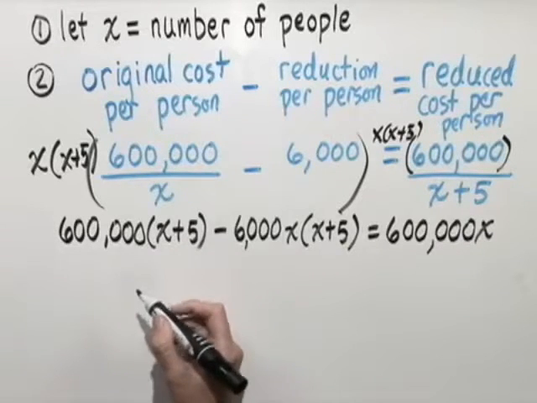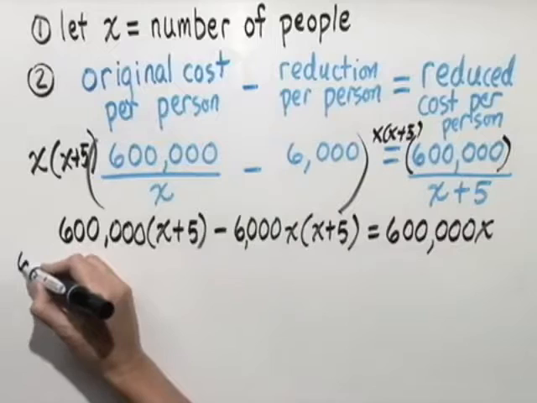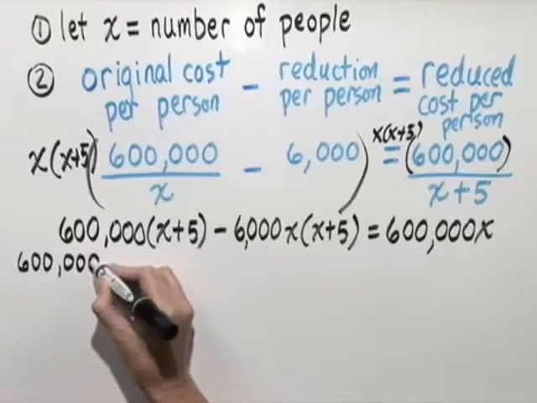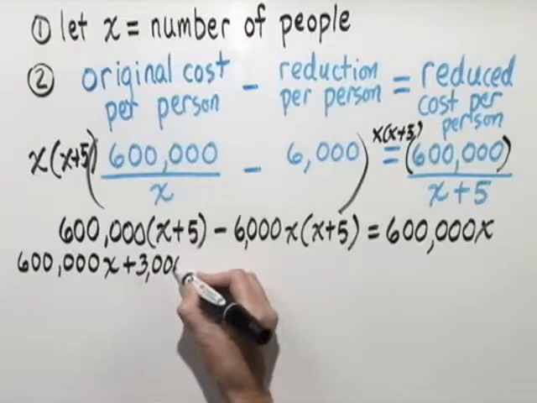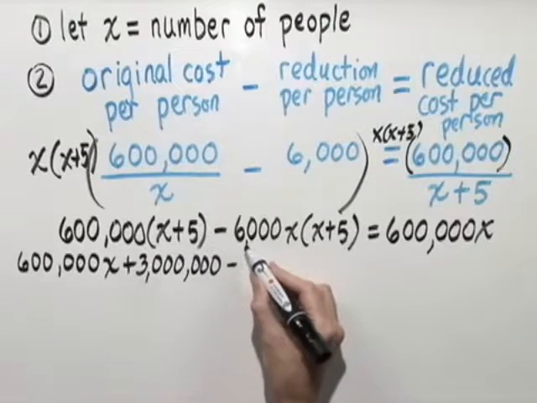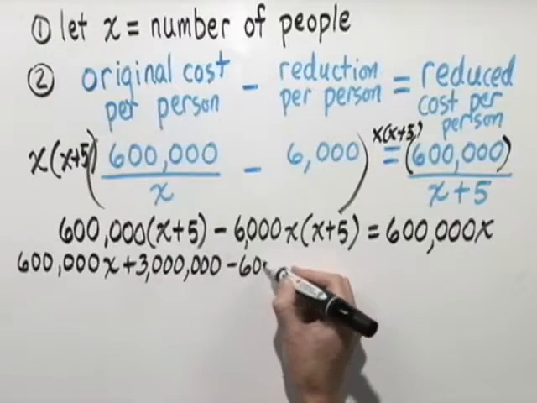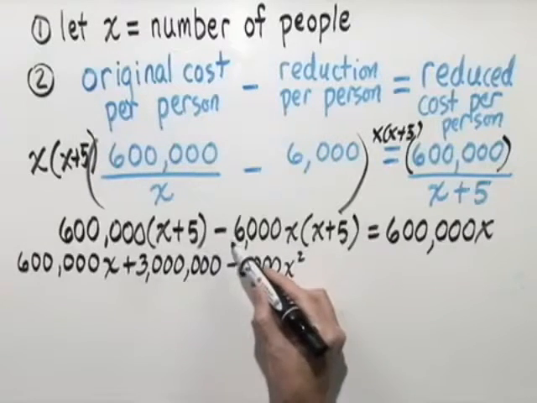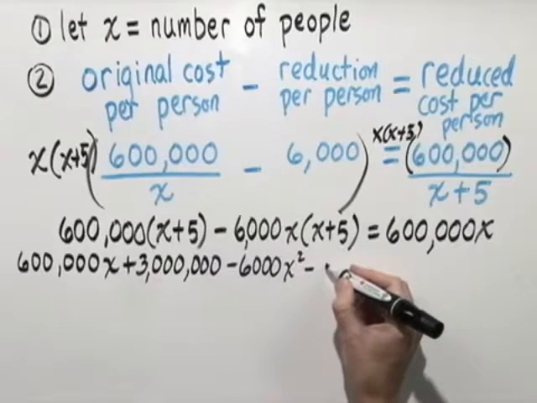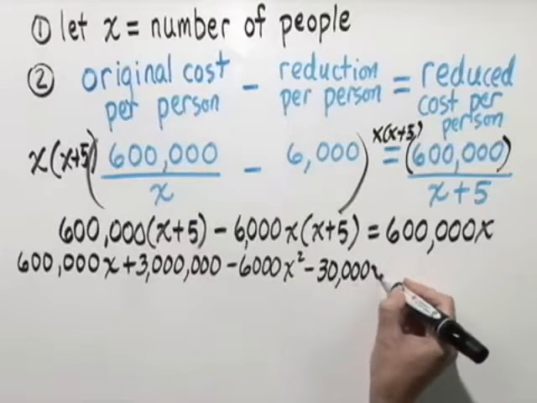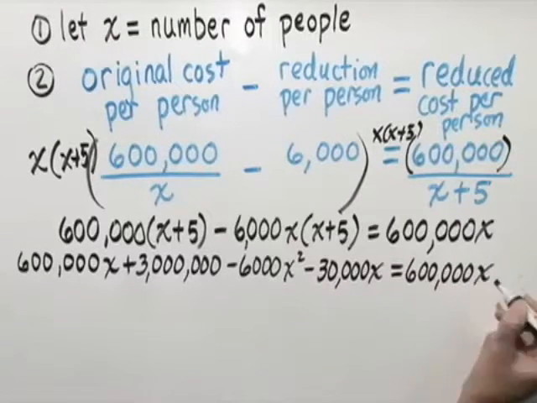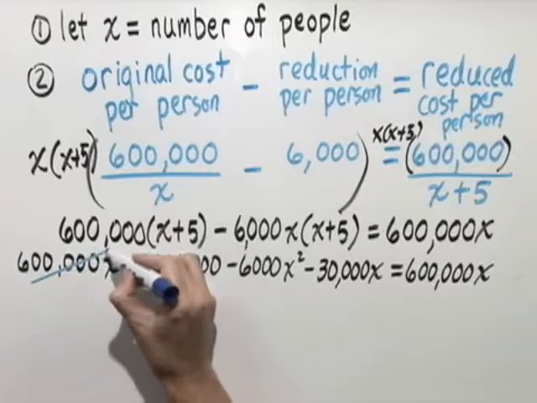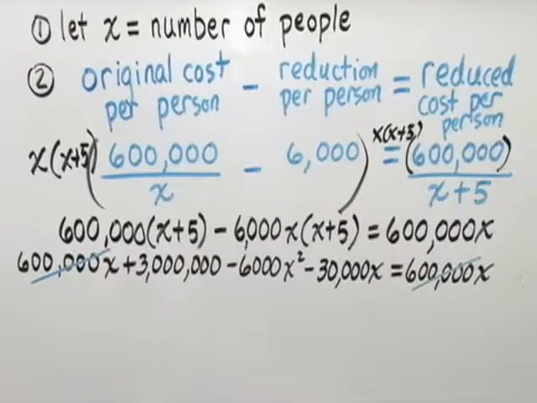So let's now clear the parentheses, and we'll have on the left-hand side 600,000 X plus 600,000 times 5 is 3 million, minus 6,000 X times X is 6,000 X squared, and then minus 6,000 X times 5 is minus 30,000 X equals, on the right-hand side, we just have 600,000 X. Notice the left-hand side and the right-hand side both have 600,000 X. So we can subtract 600,000 X from both sides.